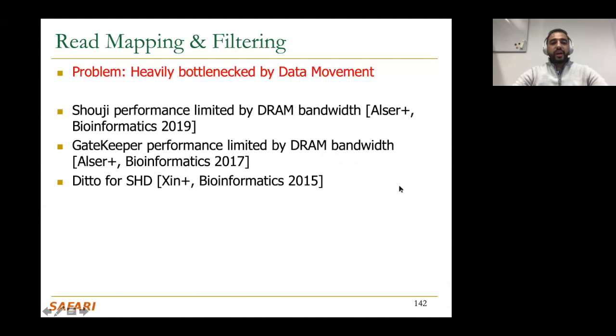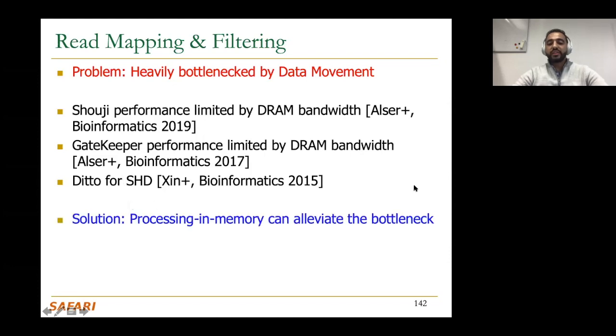All right, so now read mapping, and especially filtering and sequence alignment, are all bottlenecked by data movement. And we can see that even if you accelerate it by FPGA, if you don't accelerate the entire pipeline, then you still need to move some data from one step to another, from the CPU or from the main memory to the FPGA.